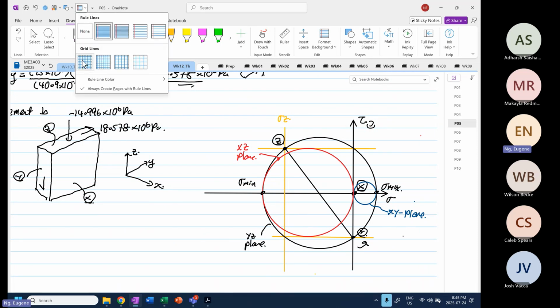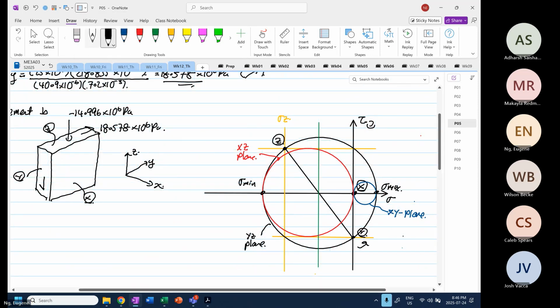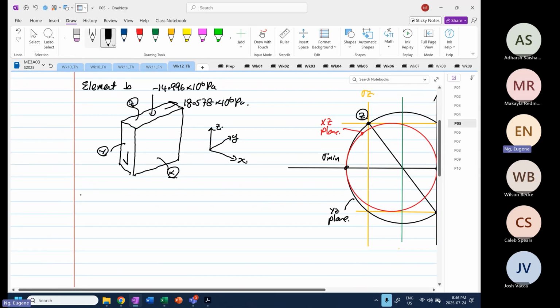So from here, we know that this is our stress average. So we are going to calculate our stress average, the center of circle.